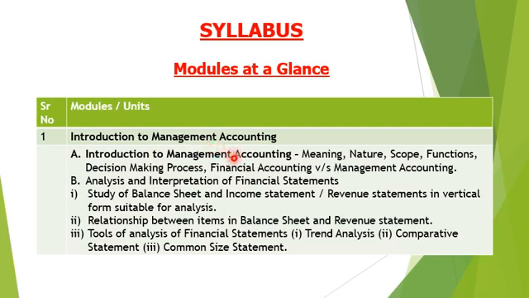These are some of the meanings. The next one is the nature. Nature means it is advisory in nature, analytical in nature, interpretative, with a selective approach. All these natures we will learn in the various lectures. The next one is the scope. Scope means the management has to decide the future course of the business.